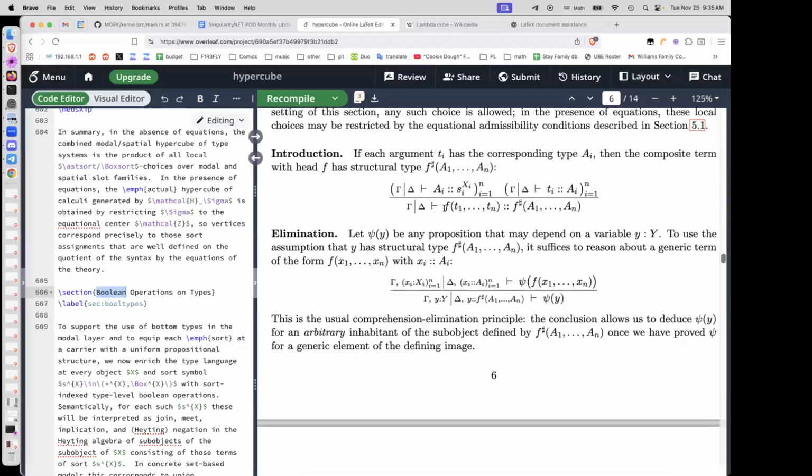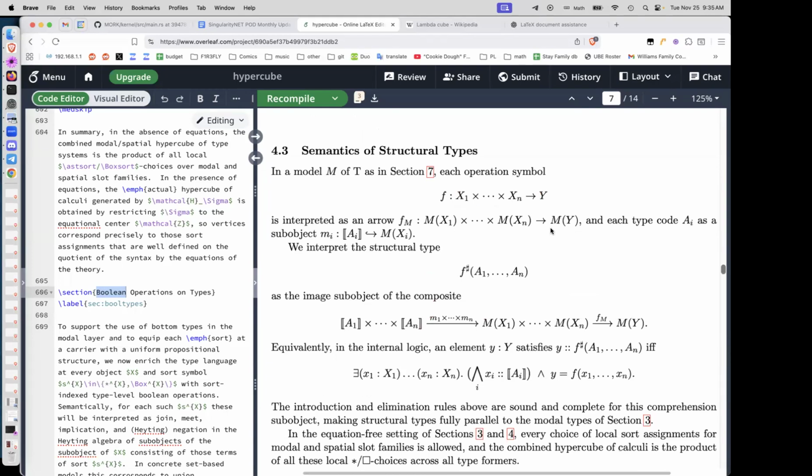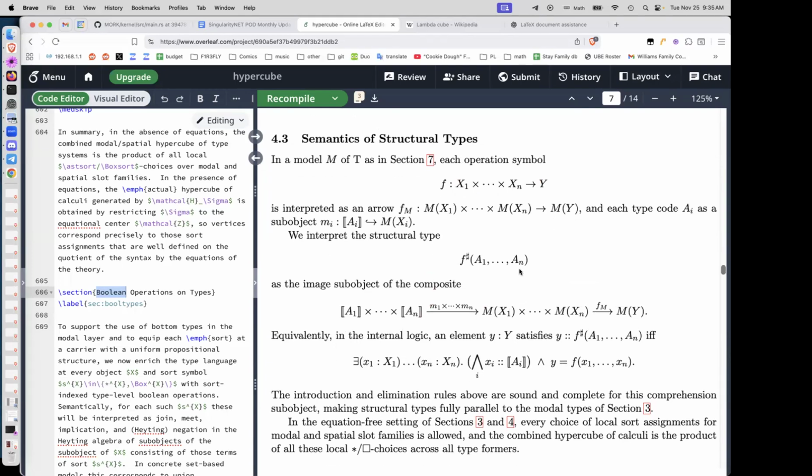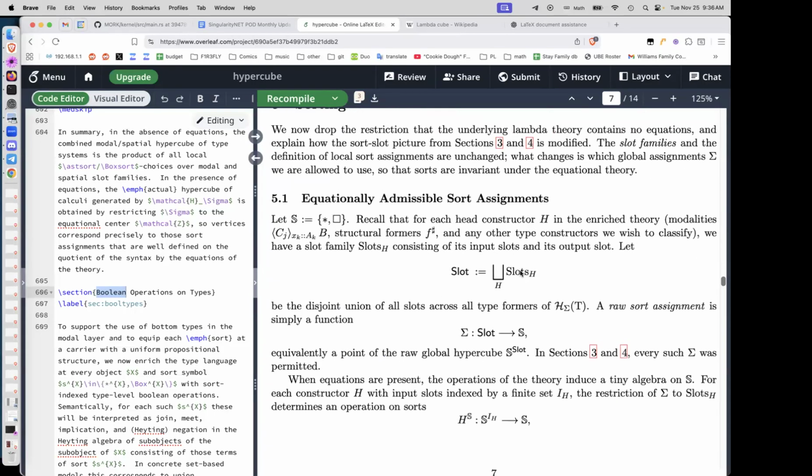For introduction, anything built with F is of type F. For elimination, we say, well, if there's any proposition that depends on the top node being F, then that same proposition holds given that Y has the type F sharp, which is an assertion that the top node is F, right? So of course it'll work there. The semantics is very straightforward. It's just that subset of terms in the model that are built this way.